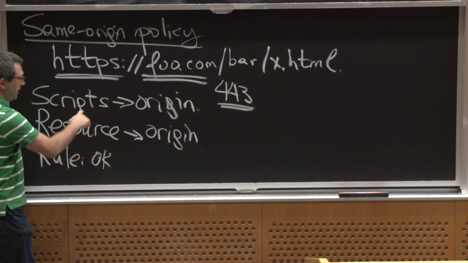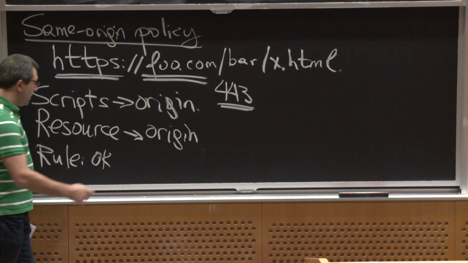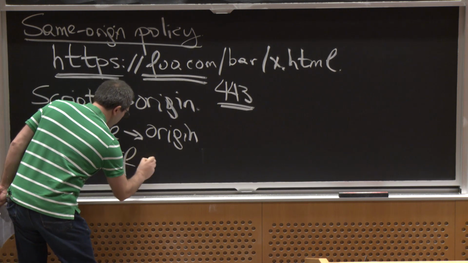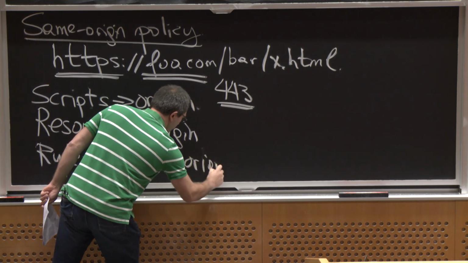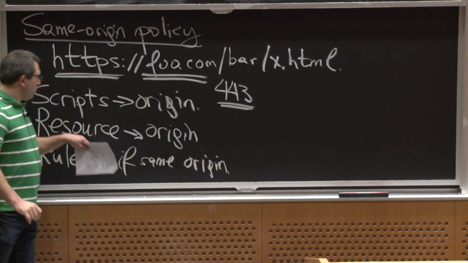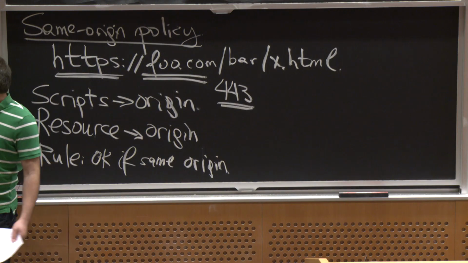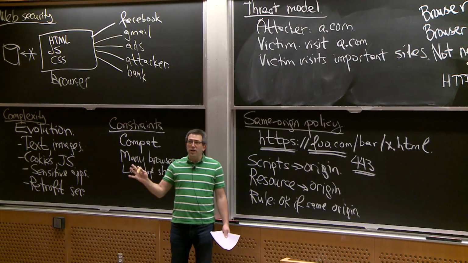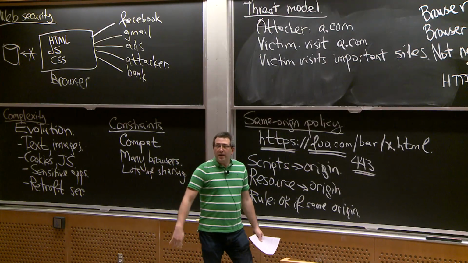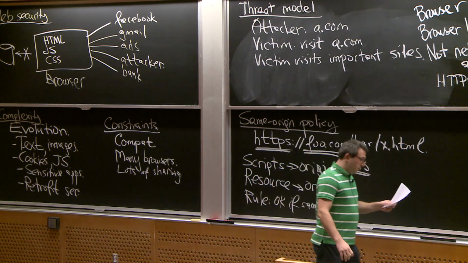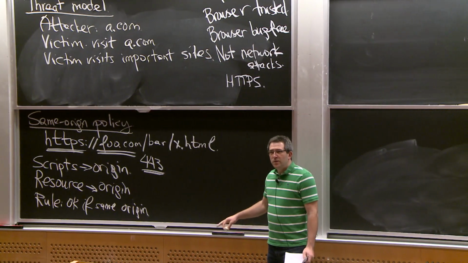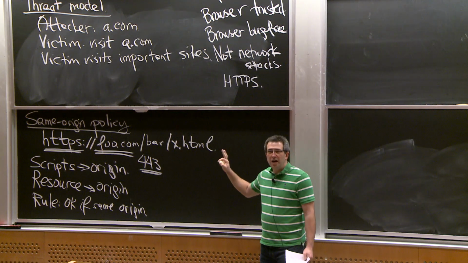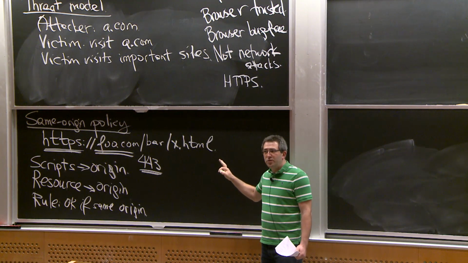OK to allow a script to poke a resource if the origin is the same. So that's the same origin policy in a nutshell. A resource might be another page. A resource might be a URL you're trying to request, etc. Make sense? Questions about this high-level view of what the same origin policy is trying to do?